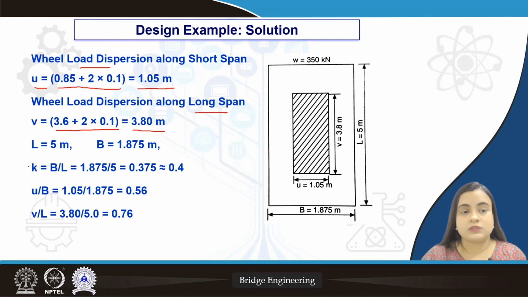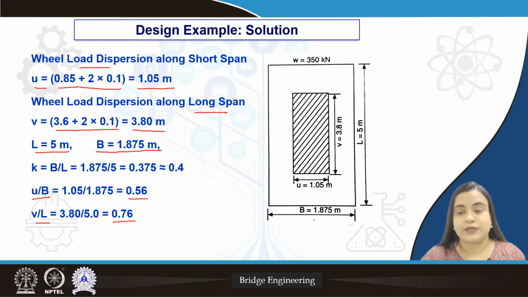Now, since we already know that L equals 5 meter and B equals 1.875 meter, we can easily compute U by B and V by L from the calculated values of U and V. So U by B turns out to be 0.56 while V by L turns out to be 0.76.